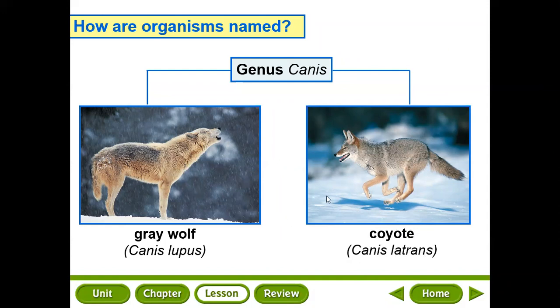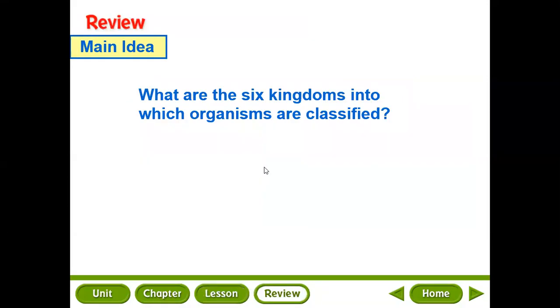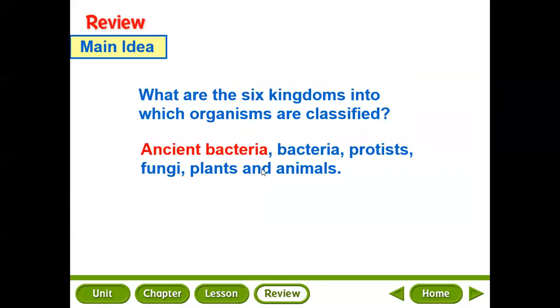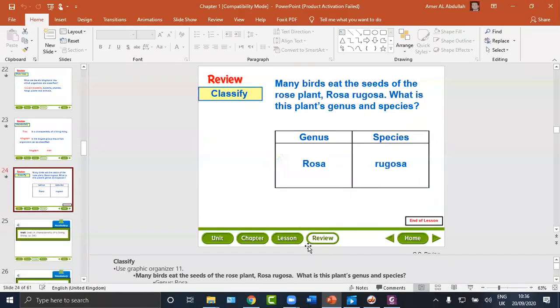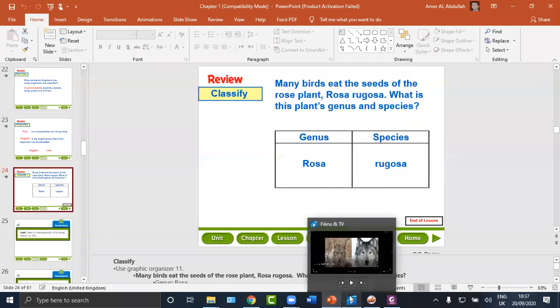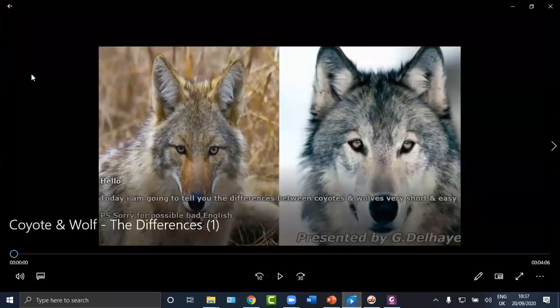Now, wolves and coyotes and dogs belong in the genus Canis. Gray wolf, coyote, and the dog belong in the genus Canis. Now let's move on. We are going to watch a video.